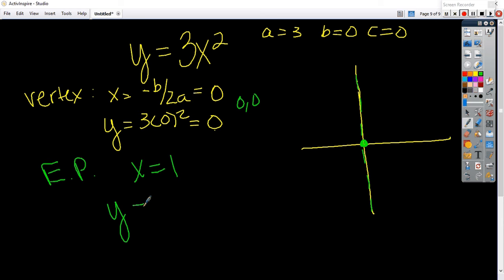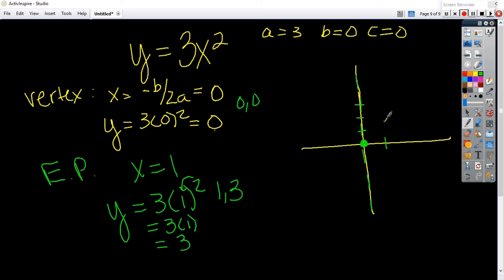If I plug in 1, I get 3 times 1 squared, which is 1 squared is 1, and 3 times 1 is, so what's that point? (1, 3).